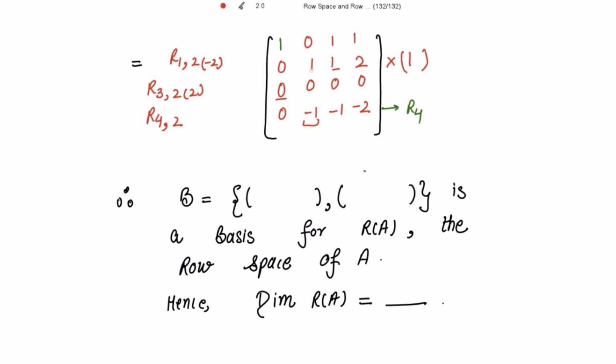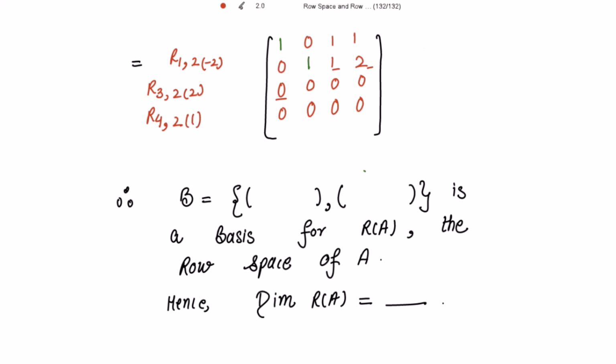Because if I multiply this 1 with 1, I get 1, and 1 added to minus 1, we get 0. Multiplying this 1 with 1, we get 1, and adding this to minus 1, we get 0. Multiplying this 2 with 1, we get 2, and adding this to minus 2, we get 0. So now, this is the leading entry because all other entries are 0 now.